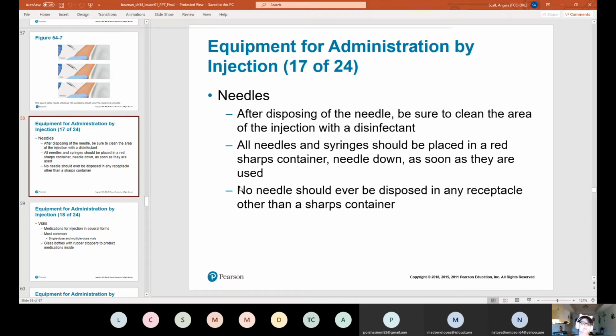Now there is a difference. In our labs we have trash cans that you can push with your foot, and they have red bags in them. Those are not for sharps. Okay, those are for biohazard waste. I explain this to you, and I might have already talked to y'all about this.